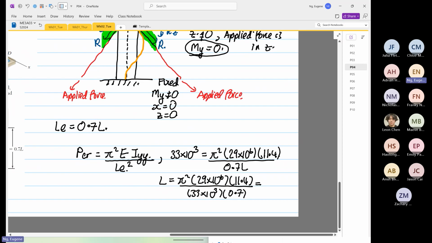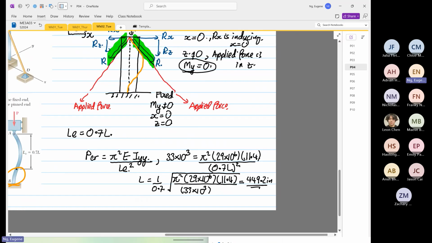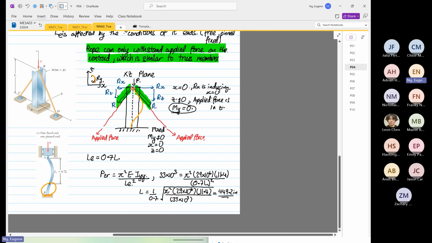If there's a squared down there, this whole thing is a squared, so this thing will be a square root, and then L will be equal to 1 divided by 0.7 times the square root of pi squared times 29 times 10 to the power 6 times 11.4 divided by 33 times 10 to the power 3, which is equal to 449.2 inches. So this is buckling about the x-z plane.